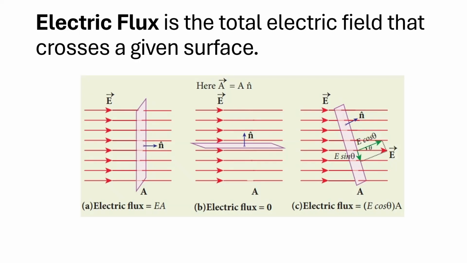The equation we're going to use here is electric field, or E, times cosine theta, where theta represents the angle of inclination relative to the direction of the electric field lines, times the area of the plane.